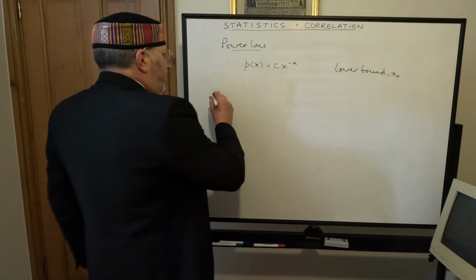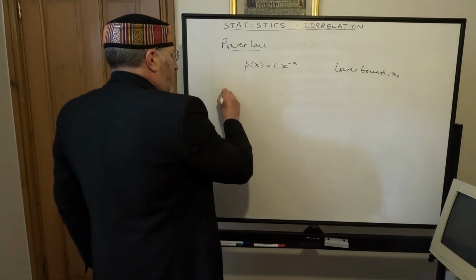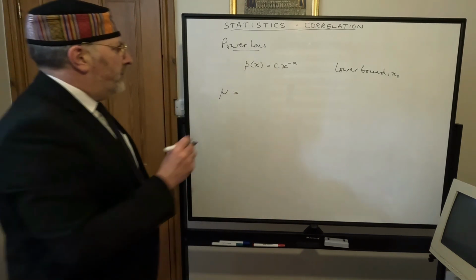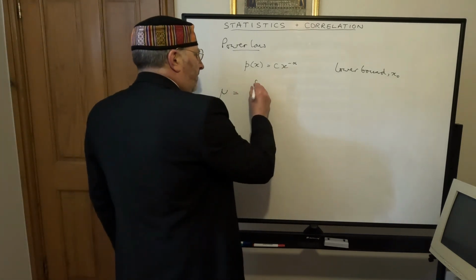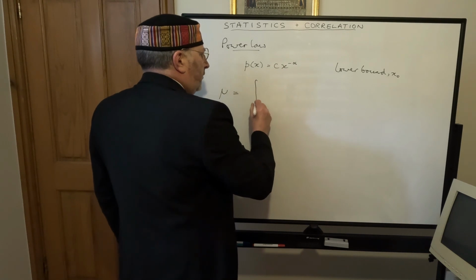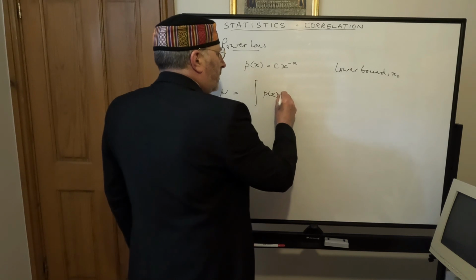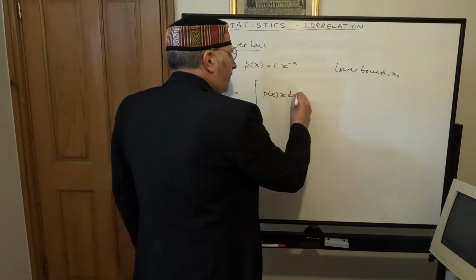And we can then find the mean value for the power law using the formula we had above. So it was p of x times x dx.